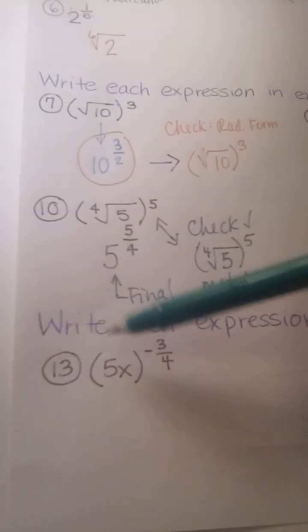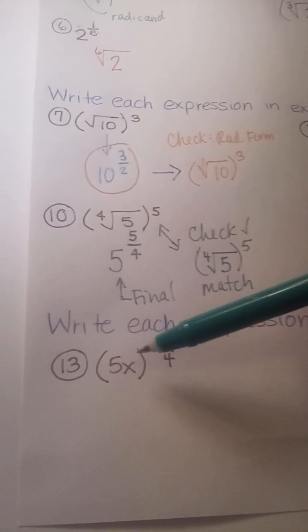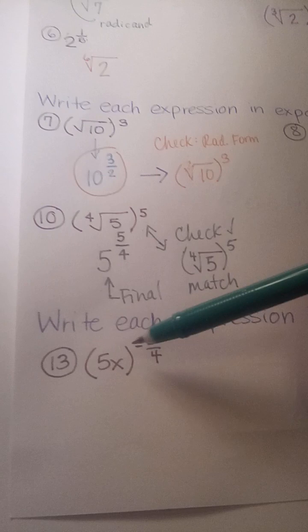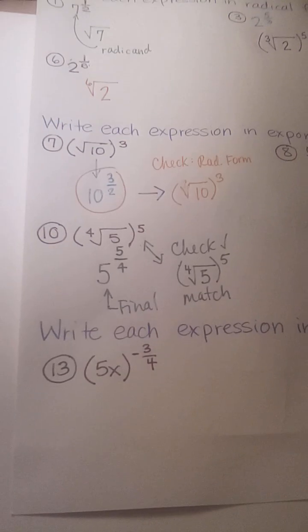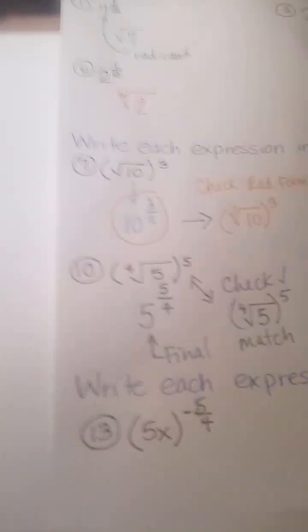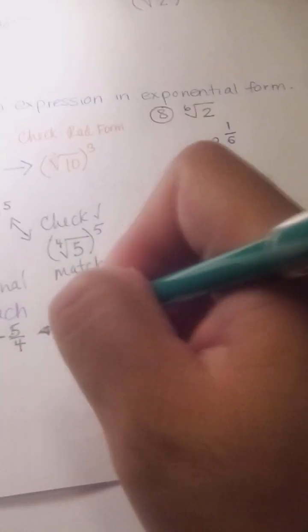When you see the parentheses, the variable, and the number, and outside the parentheses you see the negative 3/4, it's going to be significant. I can tell you why. It's going to be a fraction, right? Automatic fraction.